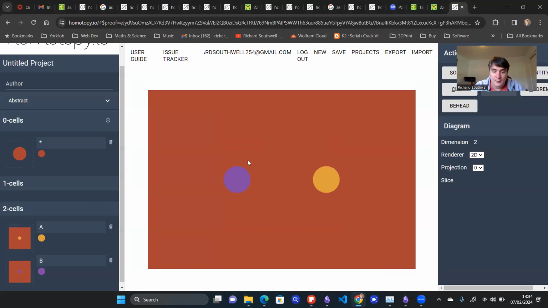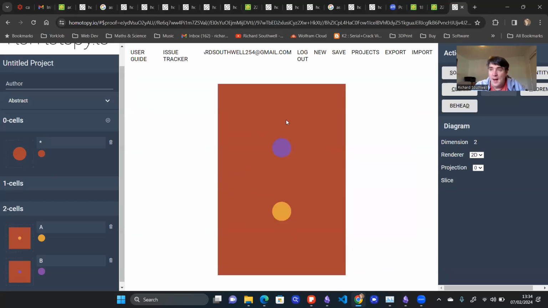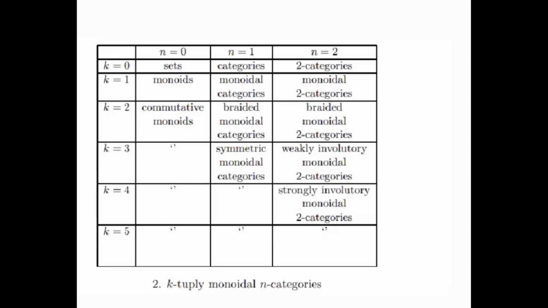And believe it or not, this corresponds to a visual proof, a usage of the interchange law to prove this Eckmann-Hilton argument, to prove that we have a commutative monoid here.